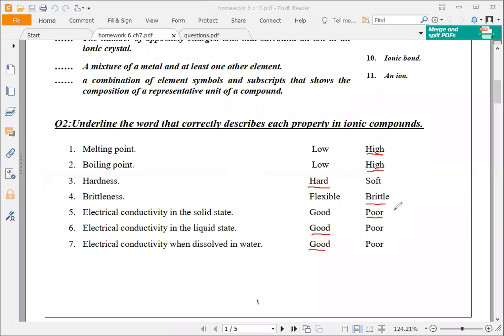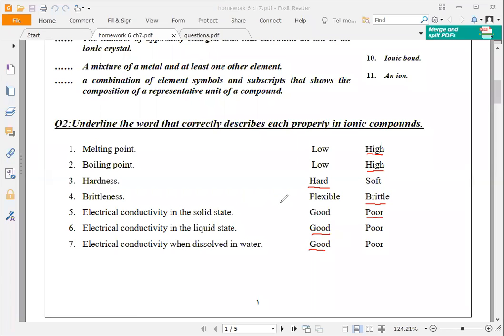These represent the properties of ionic compounds. All ionic compounds have high melting point, high boiling point. They are hard, brittle, crystalline, solid at room temperature.